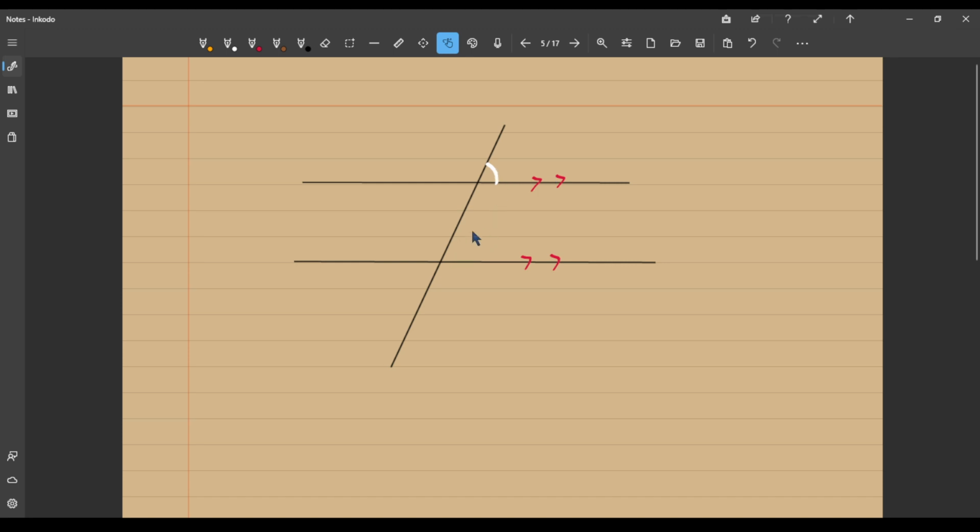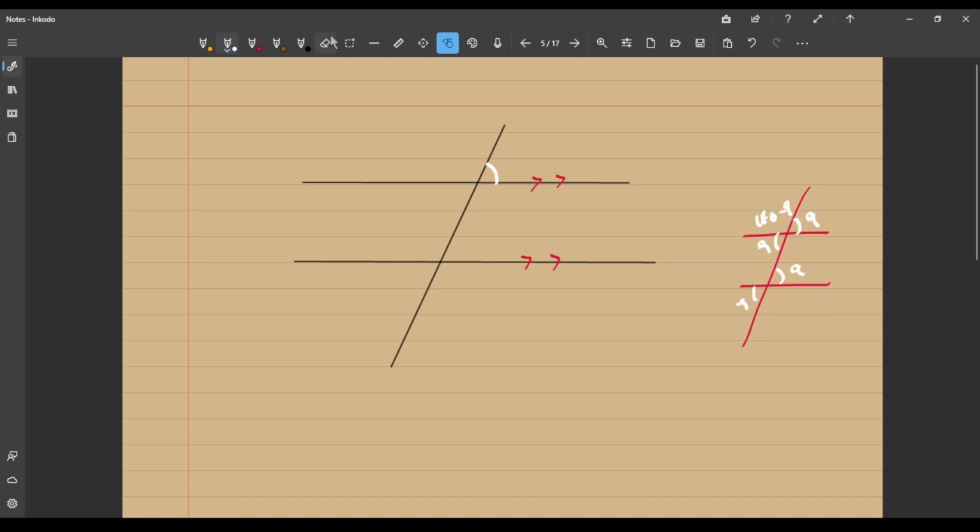Though you know conceptually, let me draw a small figure here. When there are two parallel lines and a transversal cuts, you're well aware that if this is A, this is also A, and this is 180 minus A. Your concept is very clear, but you need to know the commonly used terminologies.